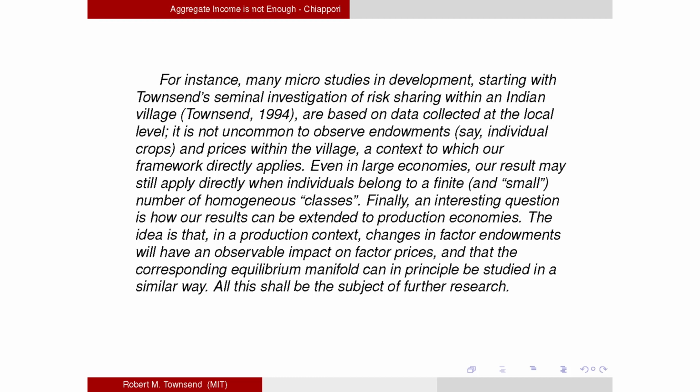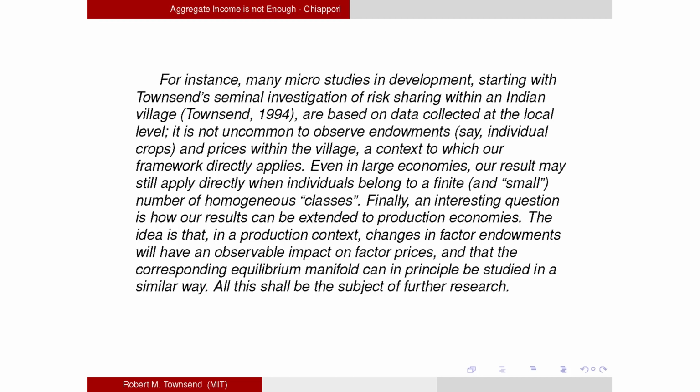If you really believed you were going from one village to another, each were self-contained, they had the same preferences, and the premise would be we're seeing market outcomes, then their theory applies directly. You can even go to large economies, not villages, and think about types of individuals, a finite number of types, but a large number of individuals of a given type. And again, you can use their artillery.